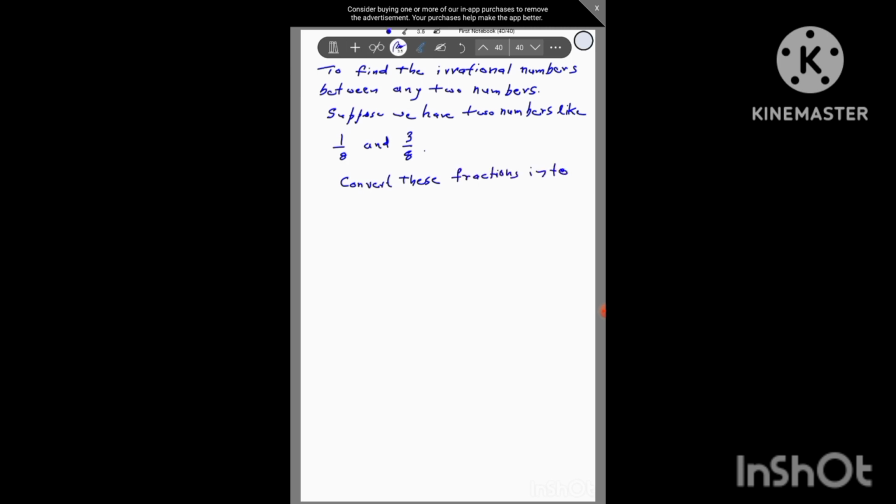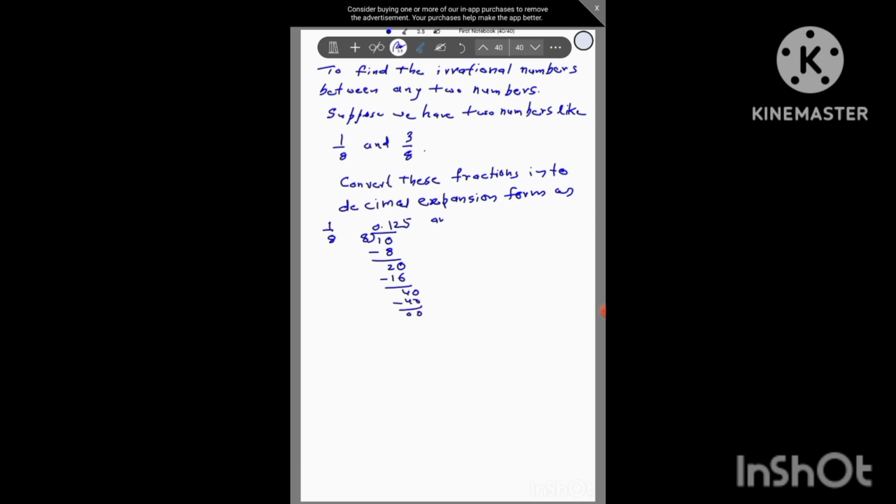You can go and check what irrational numbers are. So convert these numbers into decimal expansion, so that will make your problem easy. You get 1 upon 8 as 0.125. These are very simple conversions.